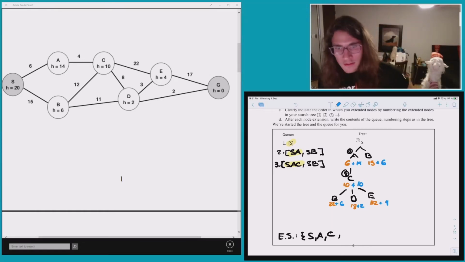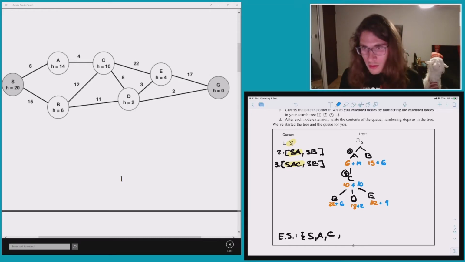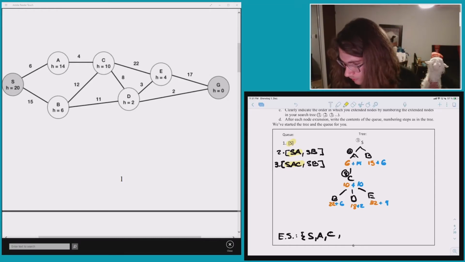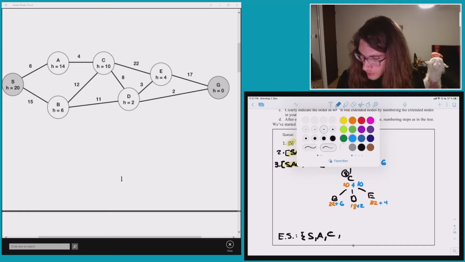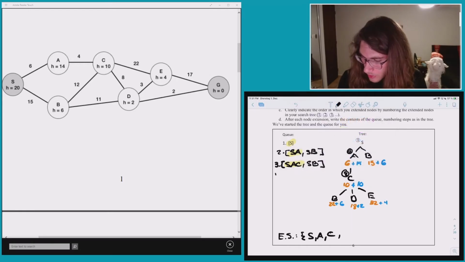So I should have 28, 20, and 36, which I do. This is not the most legible 4 I've ever written. And my new queue is SACD, SB, SACB, and SACE.